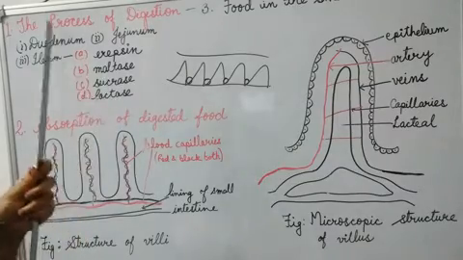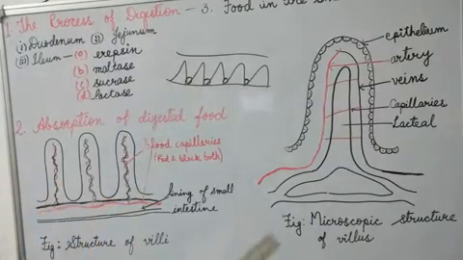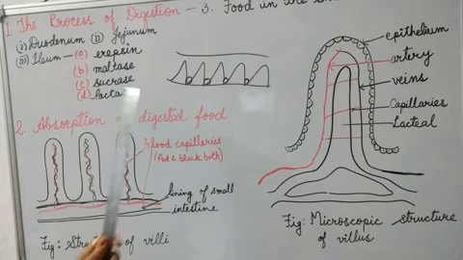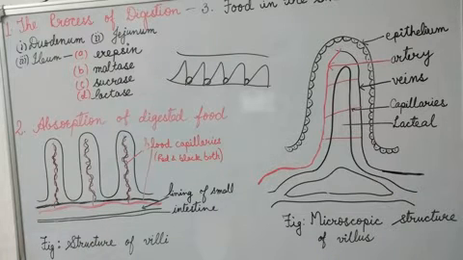So, the products amino acids, glucose, fructose and galactose are the simplest form of the different kinds of nutrients which our body can absorb easily. That means here the process of digestion is completed.